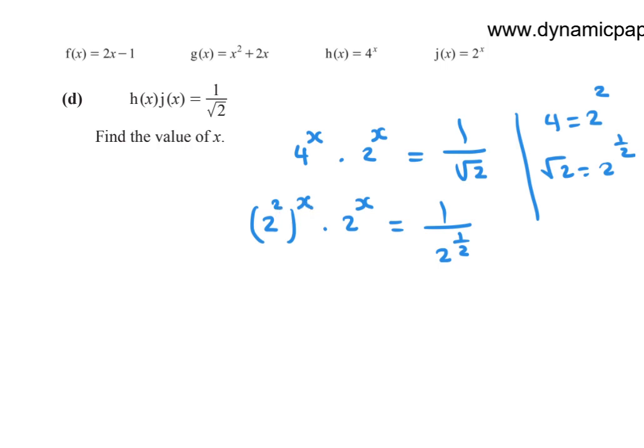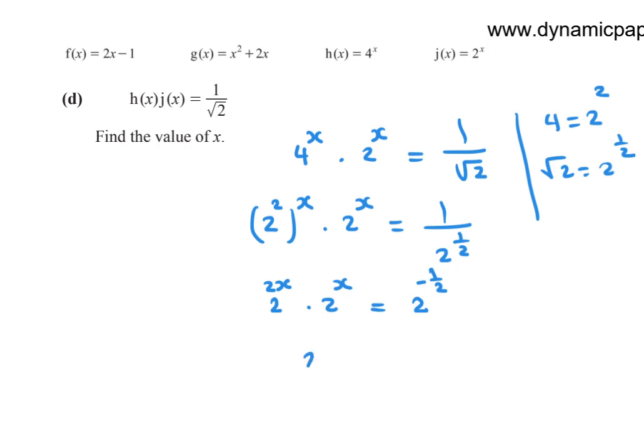Now, if you have 2 powers, multiply them. So this means 2 power 2x times 2 power x equals, if we have 1 over 2 power half, this can be written as 2 power negative half. When we multiply, we add the power.